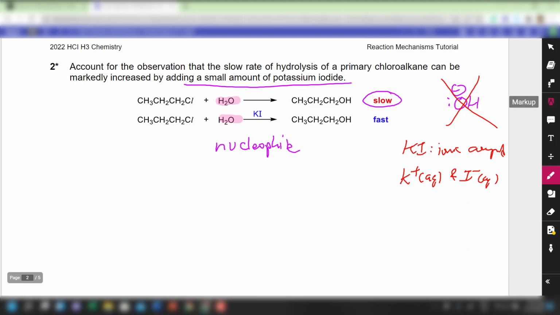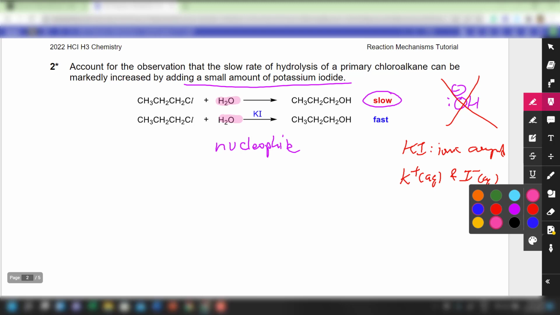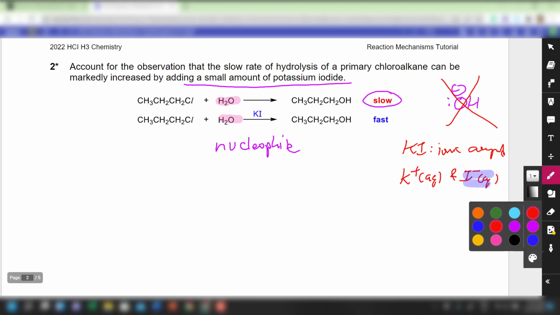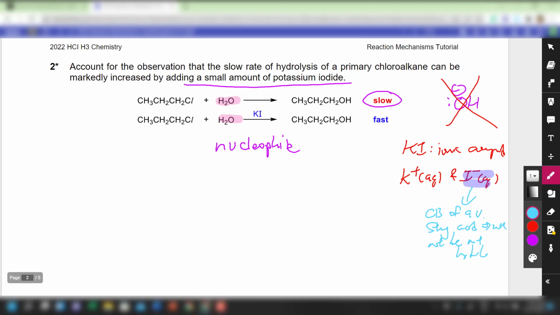Remember some of the things you have learned from acid-base equilibrium, which is very important. Since this is a conjugate base of a very strong acid, it will not be hydrolyzed. Remember this. So how can we make sense of the reaction?